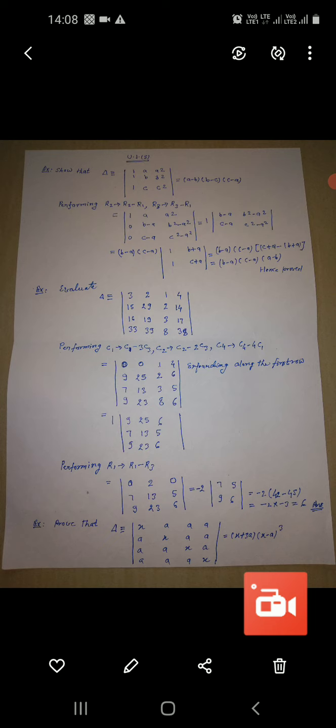So delta is equal to, in first row 1 a a square, in second row 1 b b square, and in third row 1 c c square. You have to prove that this is equal to a minus b, b minus c, into c minus a. This is very simple, you can solve it.